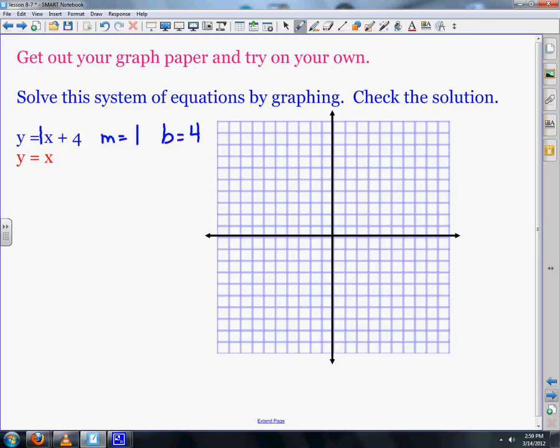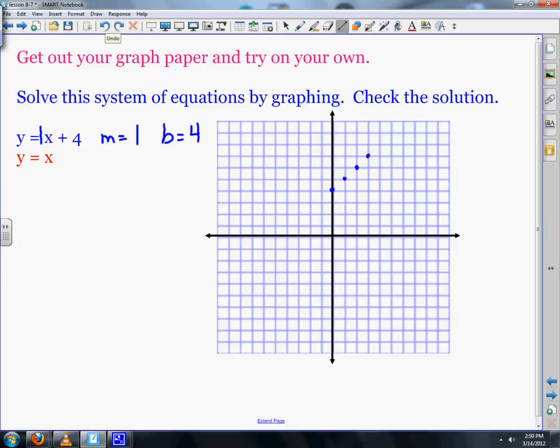So we start at 4, and then we're going to use our slope 1, which means we rise 1, run 1, rise 1, run 1, rise 1, run 1. And we will connect that together with a straight line. Whoops, that's not a very good line.